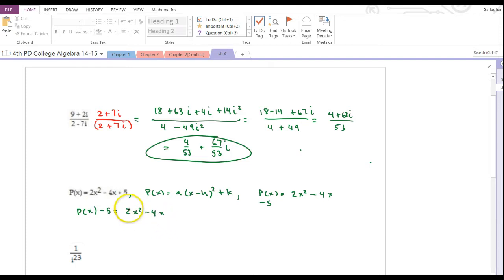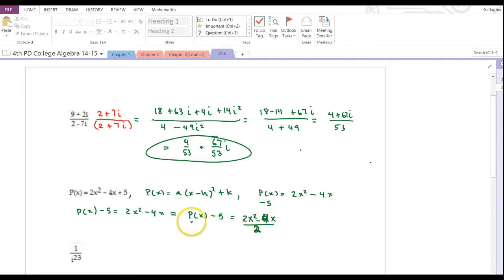Now I've got to get a lead coefficient of 1 here. So what I have to do then is write this as P of x minus 5 on the left equals 2x squared minus 4x on the right, but I'm going to divide both sides by 2 to get rid of this coefficient of 2.